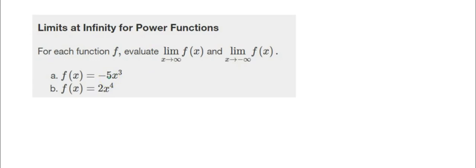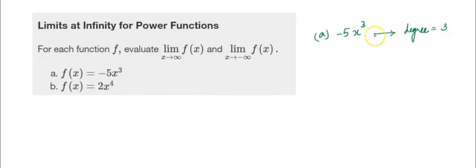So for the first problem, we have negative 5x cubed. You are going to look for two things. You are going to look at the degree, which is 3, and the sign of the leading coefficient, which is negative.